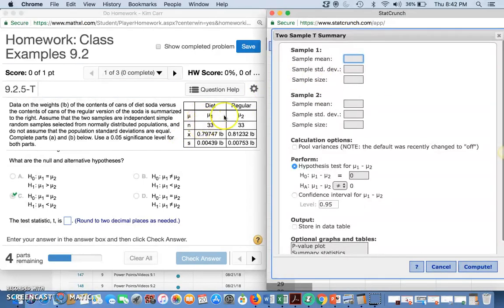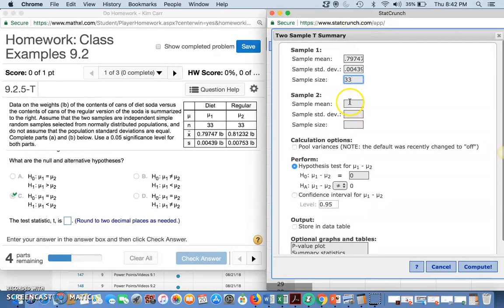Our sample mean is right here for the first sample, and that's 0.79747, and the sample standard deviation is 0.00439. The sample size is 33.